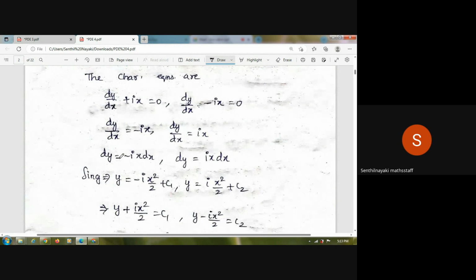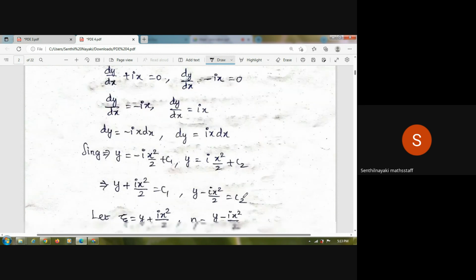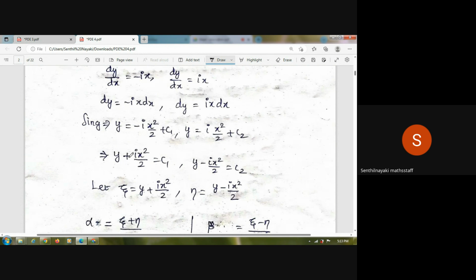Then after integrating we get y equal to minus i x square by 2 plus integrating constant C1. Here y equal to i into x square by 2 plus C2. So after taking this term to the left hand side, y plus i x square by 2 equal to C1.